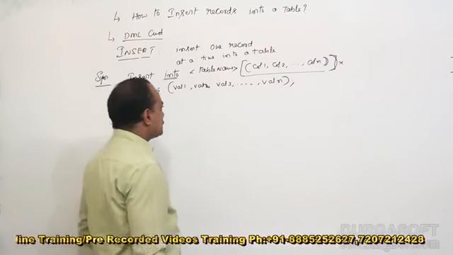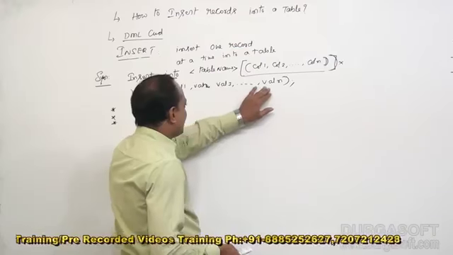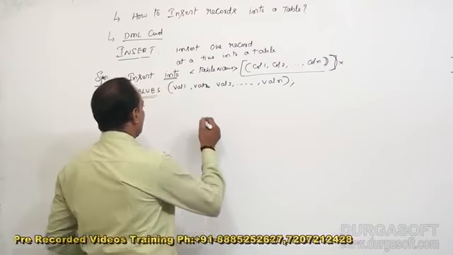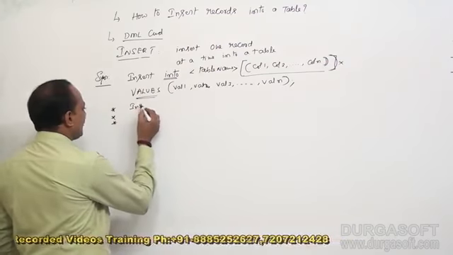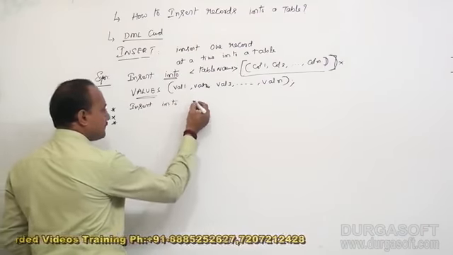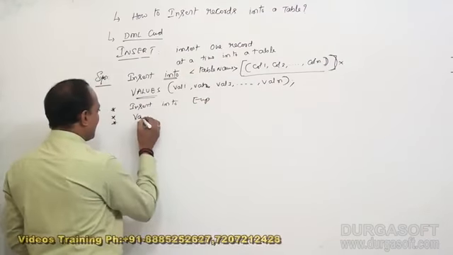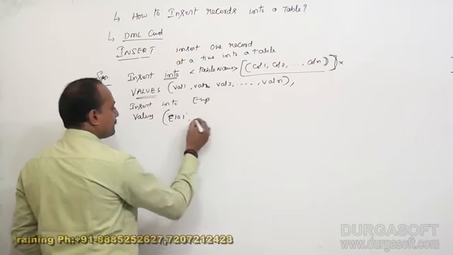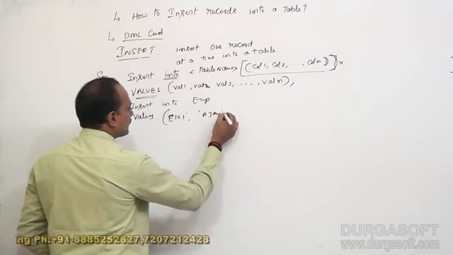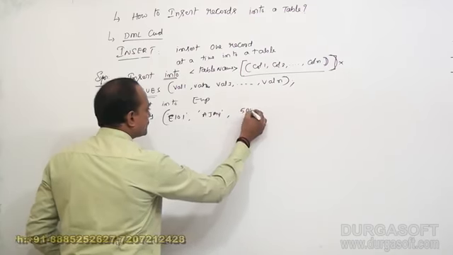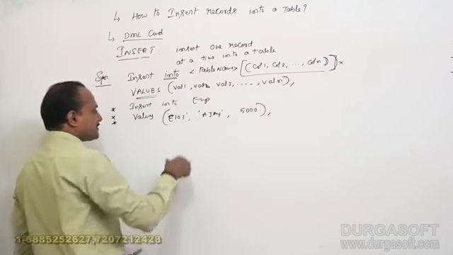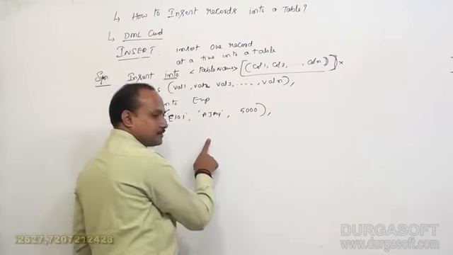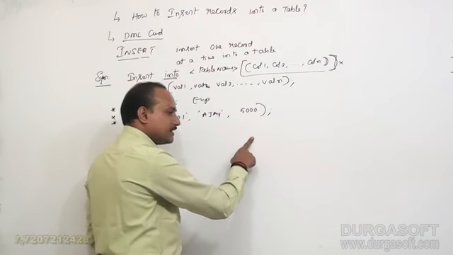First point. Next one, here you are writing the list of values. Whatever the order, suppose you are inserting data like this: insert into EMP values E101, comma, suppose Ajay, comma, salary 5000. You should maintain the same order. The values will be inserted into employee ID, employee name, and salary column.